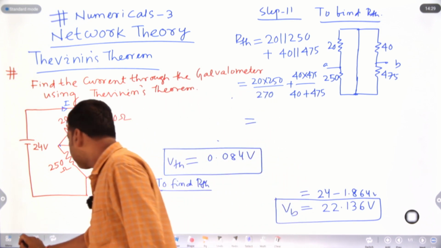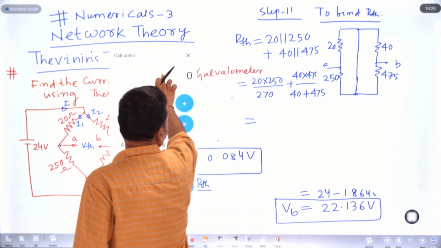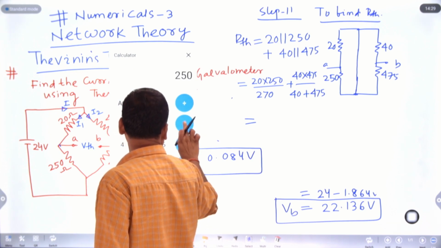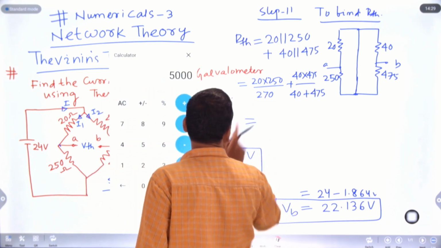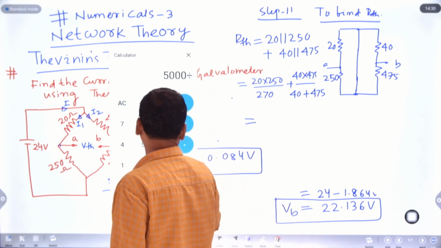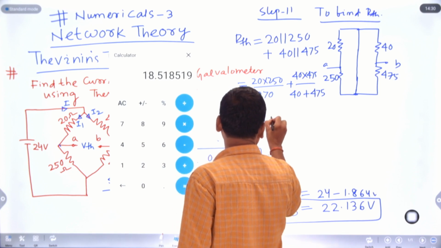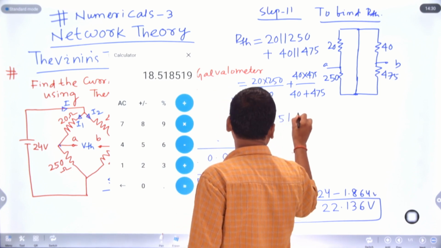Using the calculator, 250 into 20 equals 5000. 5000 divided by 270 is 18.518.